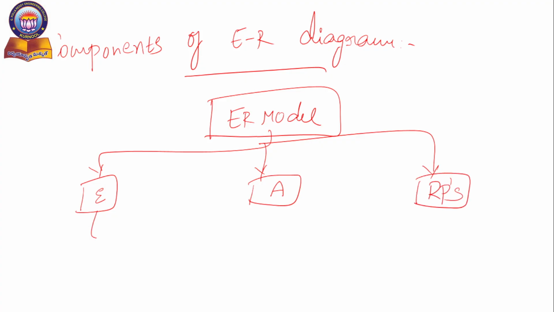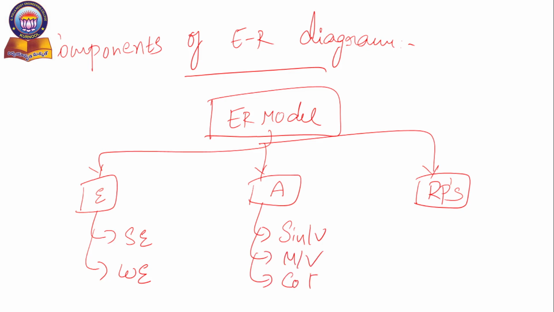Coming to the first one, entity. How many types of entities are there? Strong entity, and second one is the weak entity. How many types of attributes are there? Single valued attribute, multi-valued attribute, composite attribute, or derived attribute. So many attributes are there.